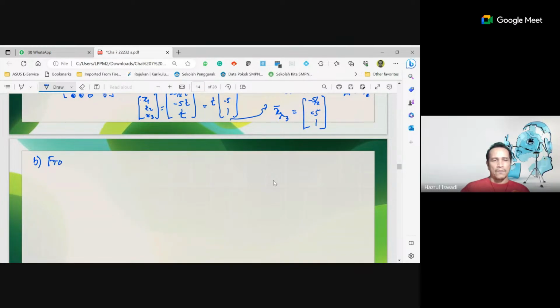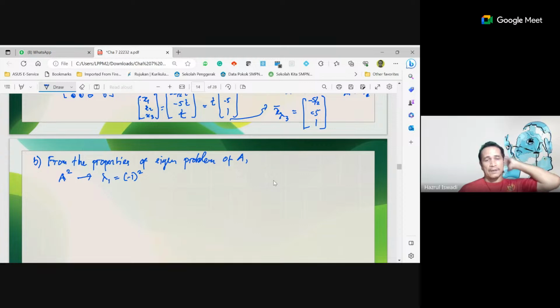From the properties of the eigenvalue problem of A, for A squared the eigenvalues are the squares of the eigenvalues of A. So we square -1, which is 1, the second eigenvalue 2 squared is 4, and the third eigenvalue 3 squared is 9.